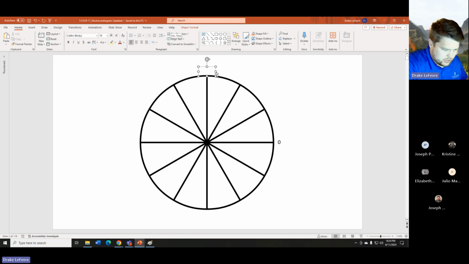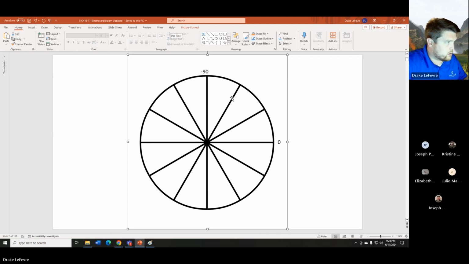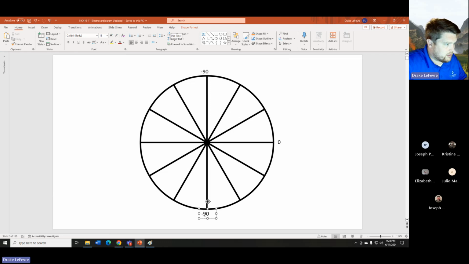Up top is negative 90. Down below is positive 90. Off to the left is 180, or you can also call it negative 180, depending on which direction you go.